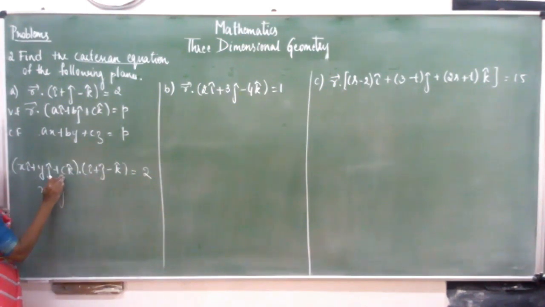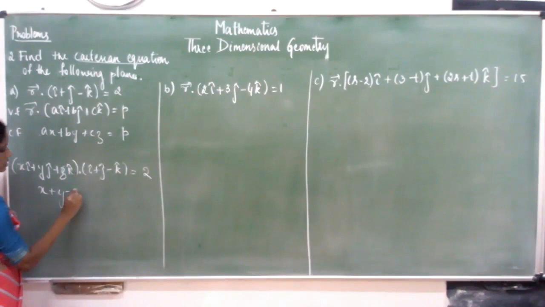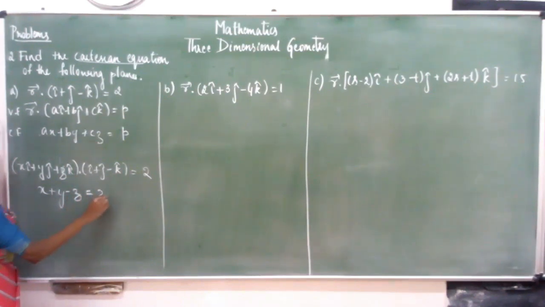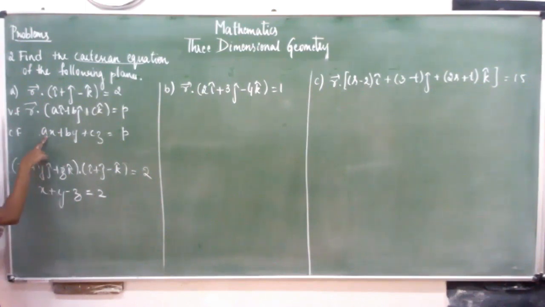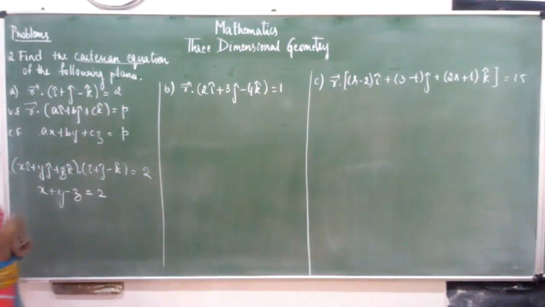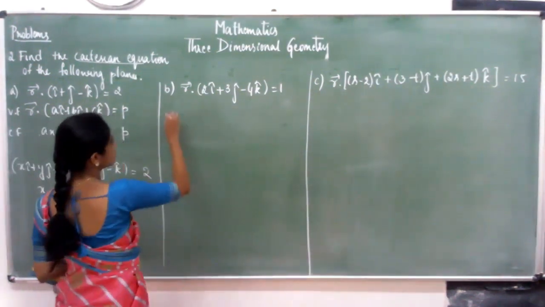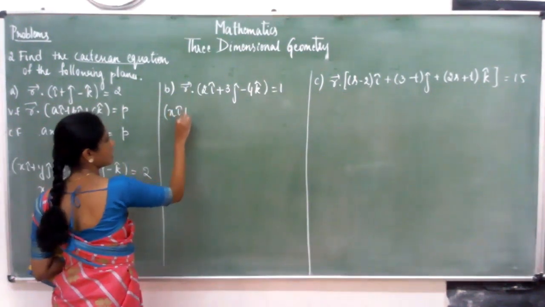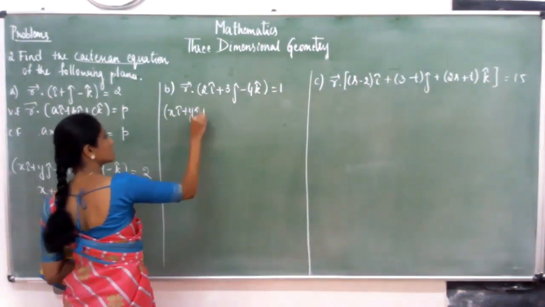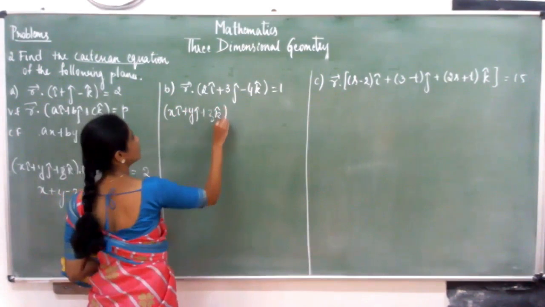Then this is z. z into minus 1, which is minus z, is equal to 2. So this is now reduced into the Cartesian form of the form ax plus by plus cz is equal to p. Now similarly, the next two problems also we can do in the same way. So writing vector r, which is given by x i cap plus y j cap plus z k cap dot.